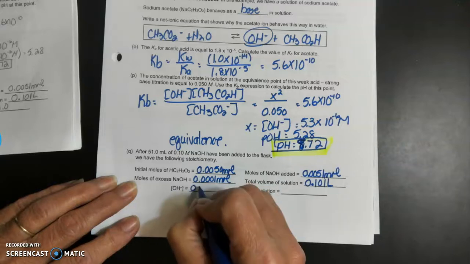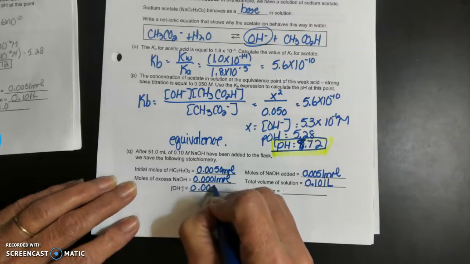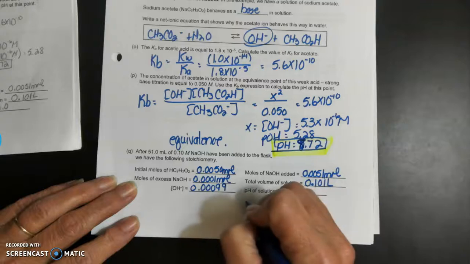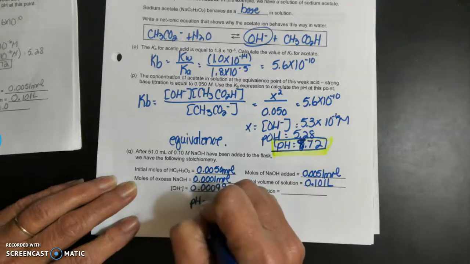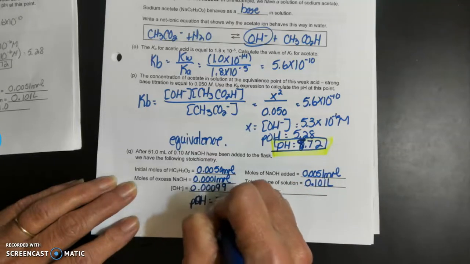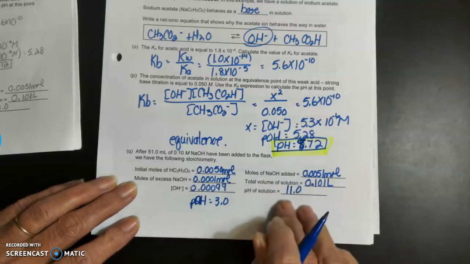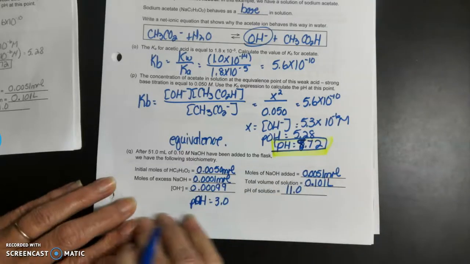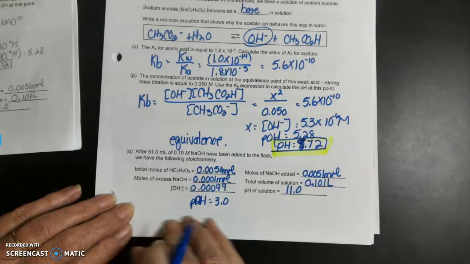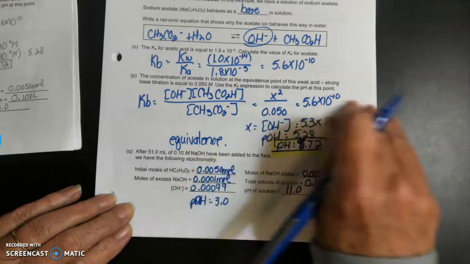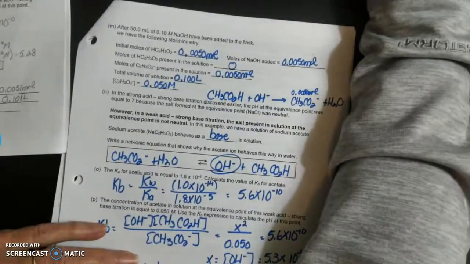That means that my molarity is 0.0099, and the pOH is 3, but my pH is 11. So now I've gone all the way from the very beginning, which is acidic, through the halfway equivalence, to the equivalence, and now over the curve. So let's look at what that looks like graphically.